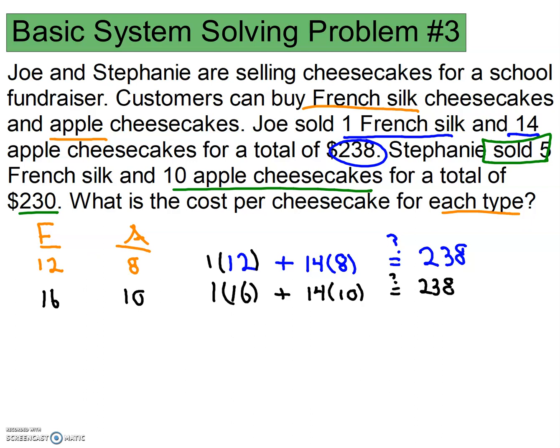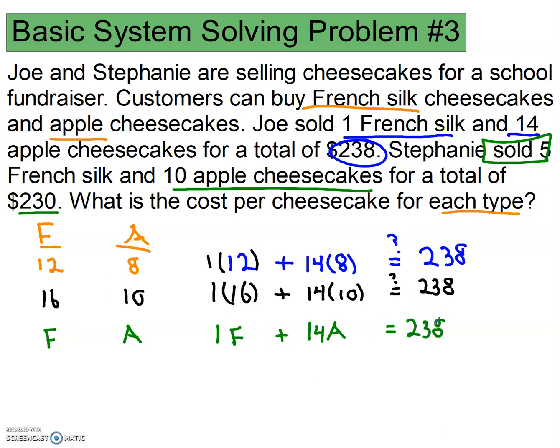Instead of 12 and 8 or 16 and 10, let's go ahead and guess F and A. Then we'll do the same math we were doing up here: 1 times the French silk price plus 14 times the apple price was supposed to equal 238.